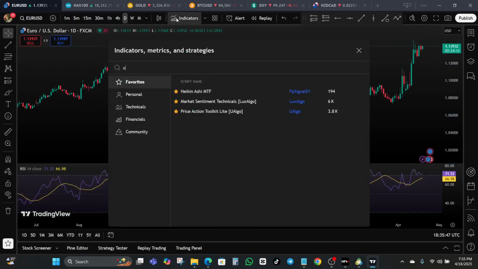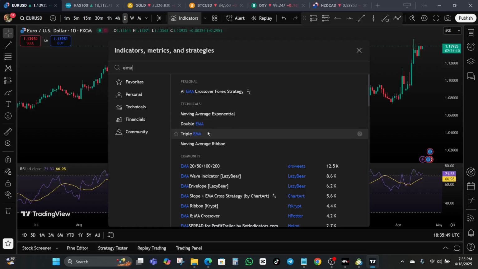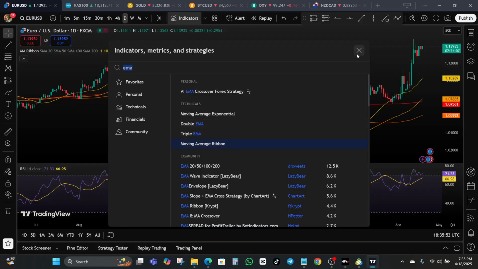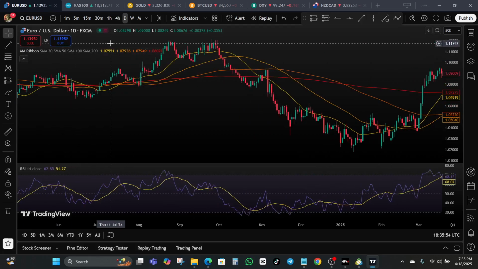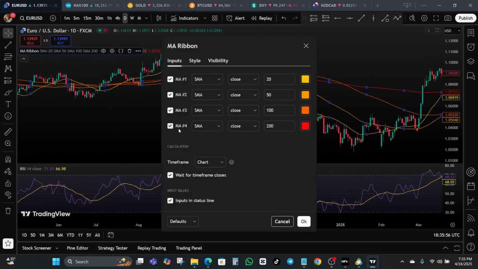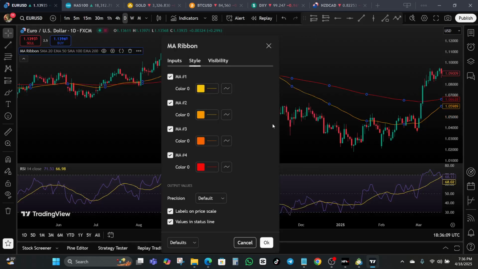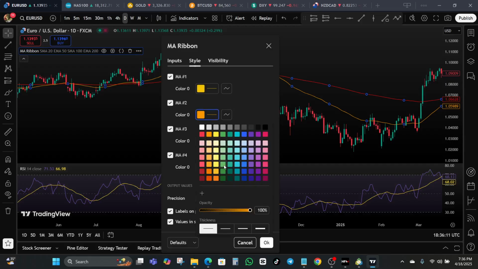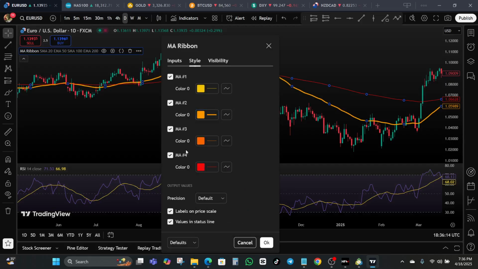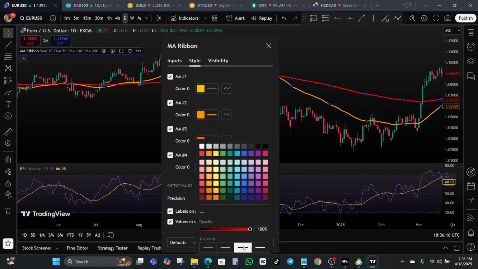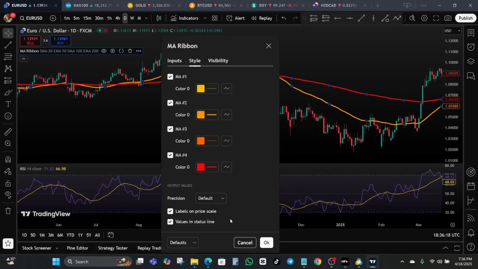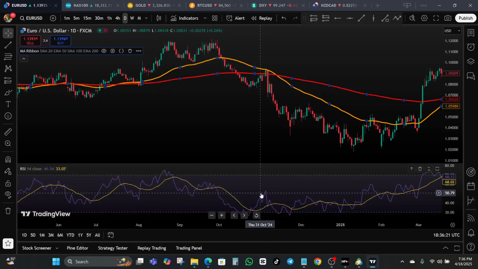You can just use the 50 EMA and the 200 EMA.